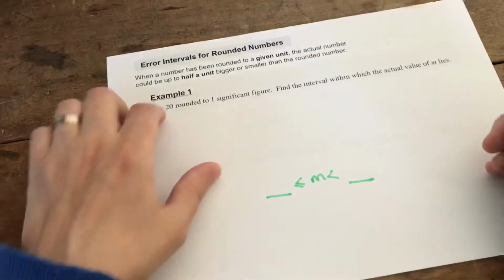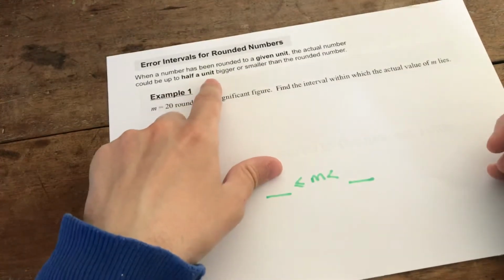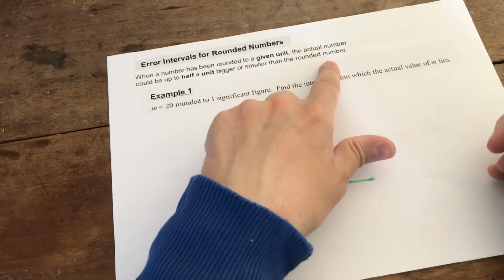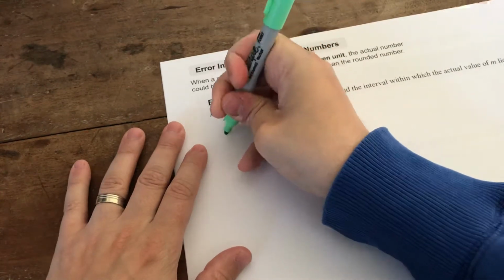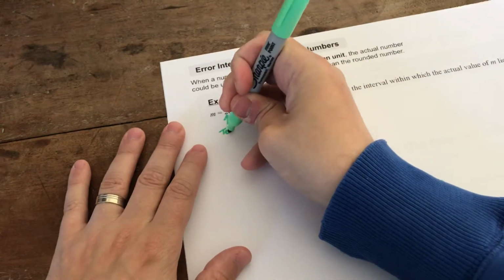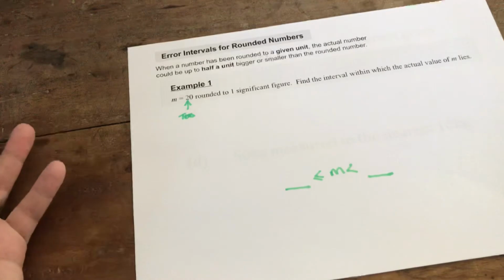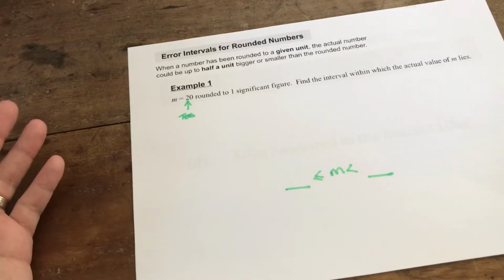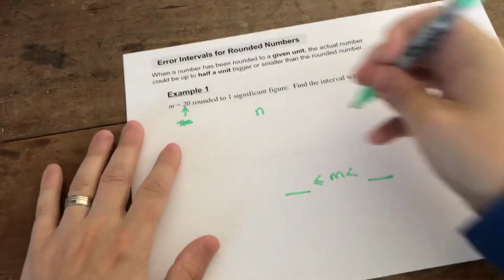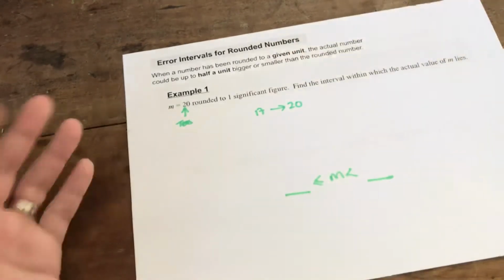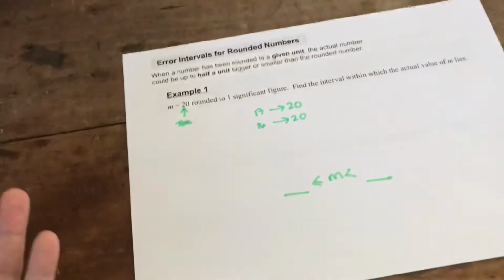Now going back up here, it says when a number has been rounded to a given unit, the actual number could be up to half a unit bigger or smaller than the rounded number. So if we have a look at this number here, it's been rounded to one significant figure. The first significant figure is in the tens column, so it's been rounded to the nearest 10. So what numbers, when rounded to the nearest 10, give me 20? Well, 17 when it's rounded to the nearest 10 goes to 20. 16 goes to 20.